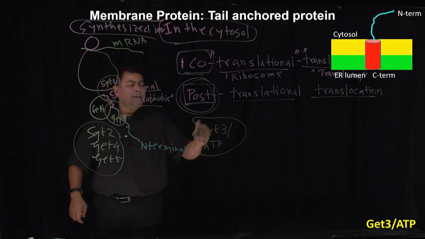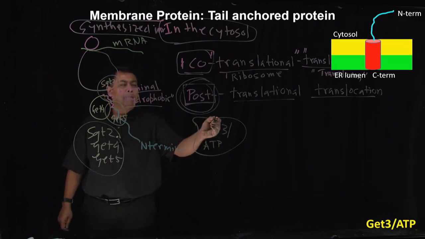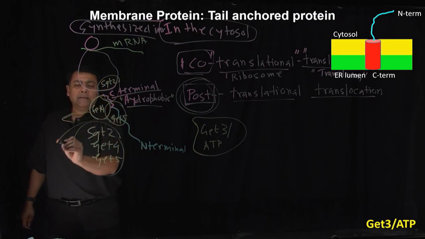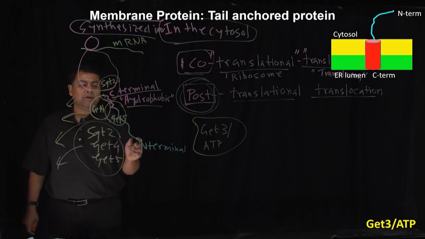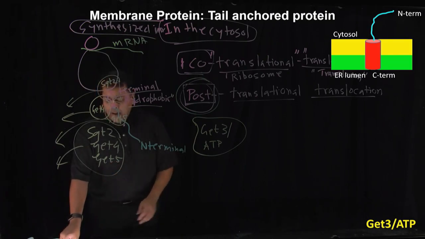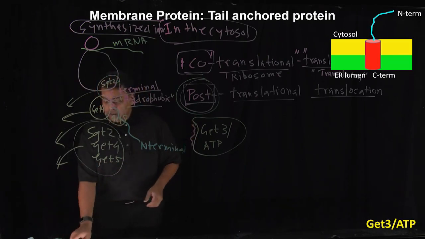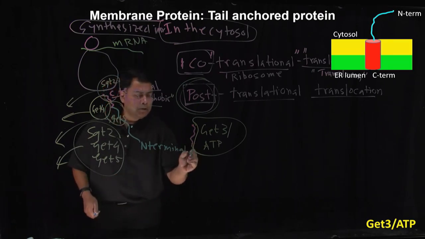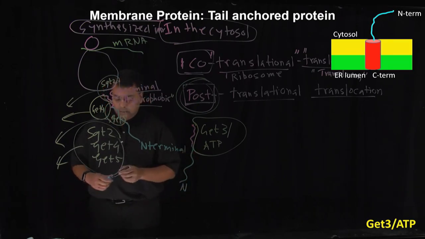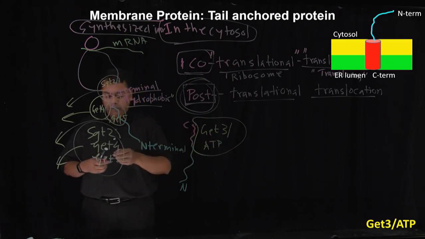When it is charged with ATP, it is functional, and now this GET3 complex will replace the SGT2, GET4, and GET5, and the protein will be picked up by GET3. GET3 is going to sequester this protein so that it is still not exposed. You have the N-terminal here, the C-terminal here, and the protein is protected by GET3.